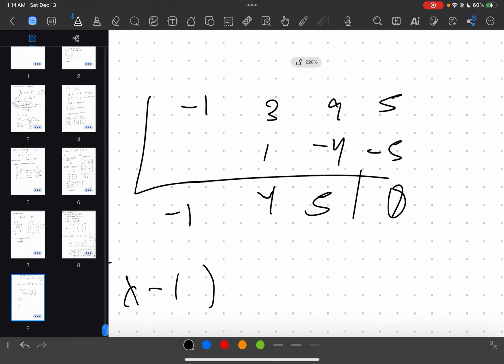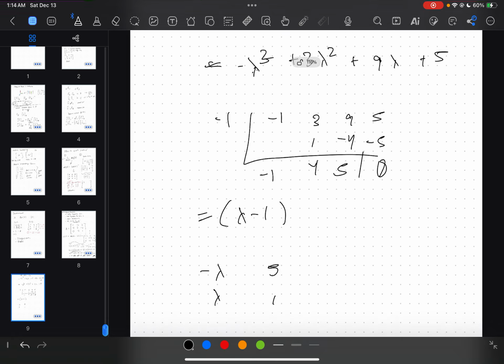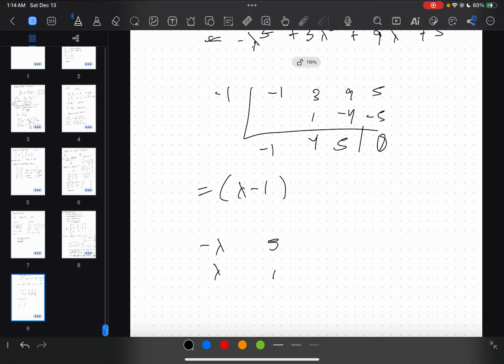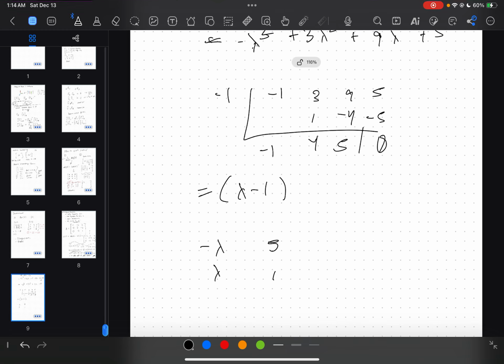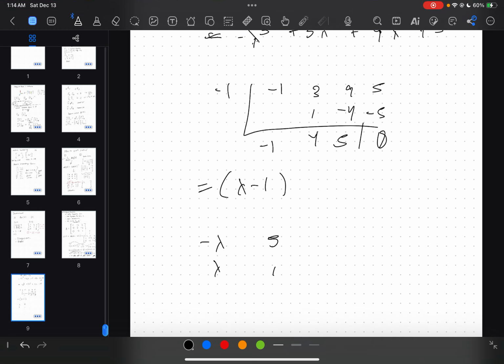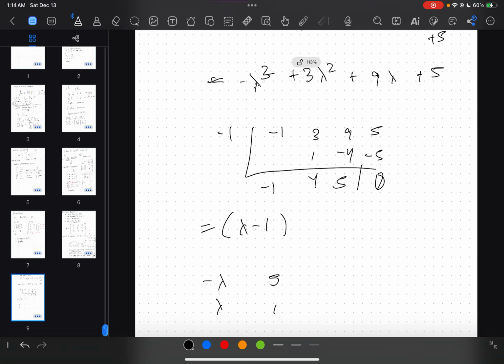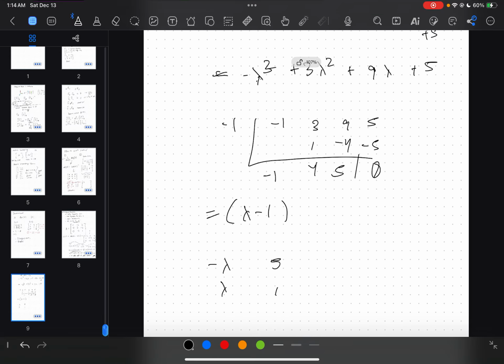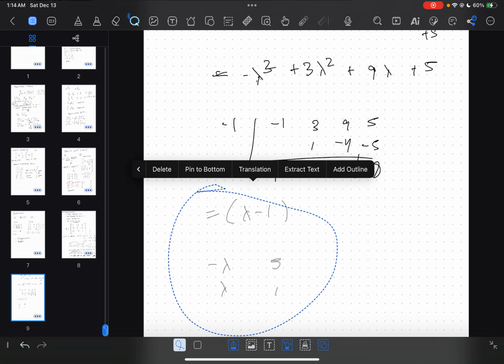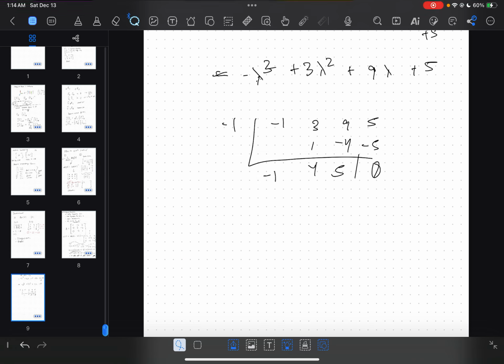How do we get this? Anyway, the idea is that we find the factors. Am I doing something wrong here?